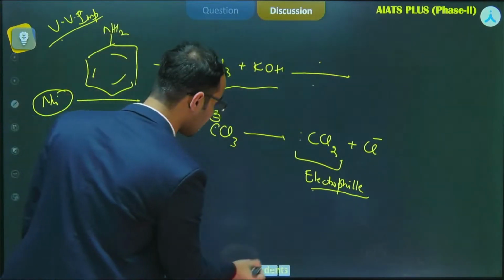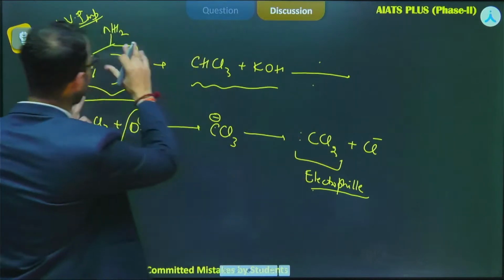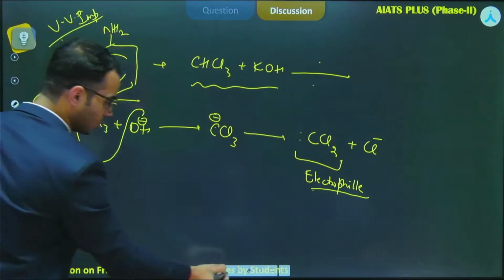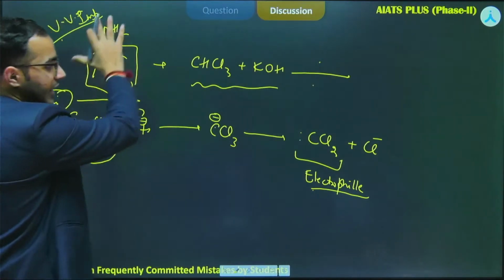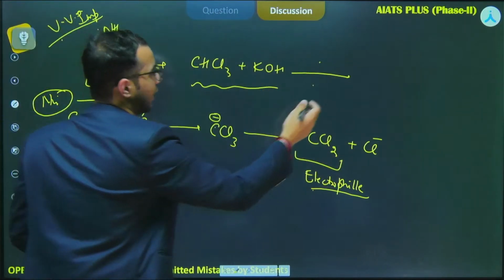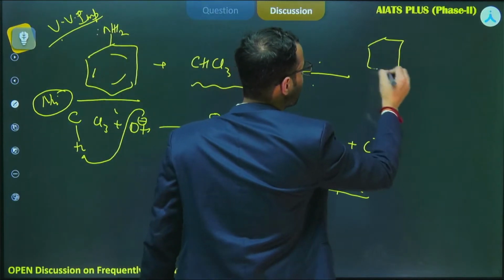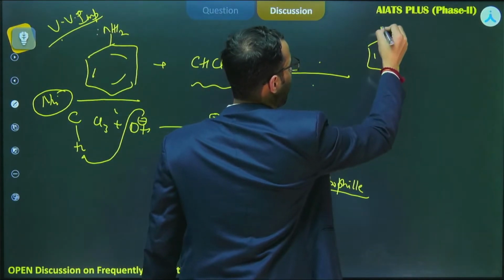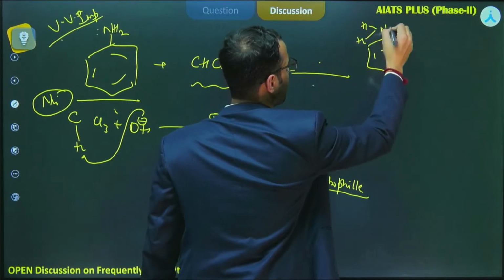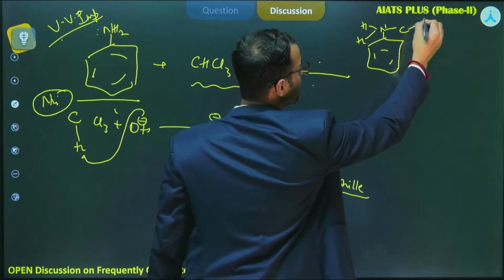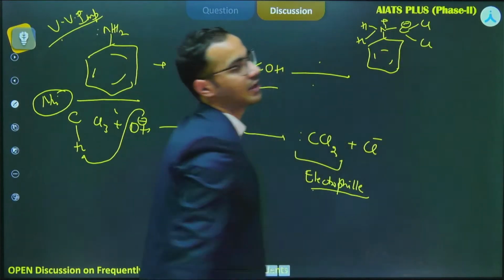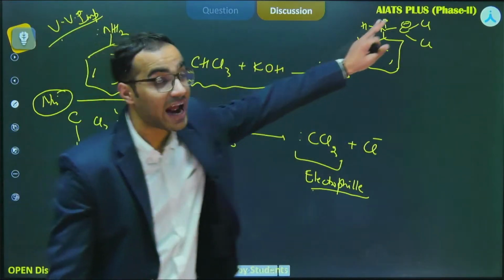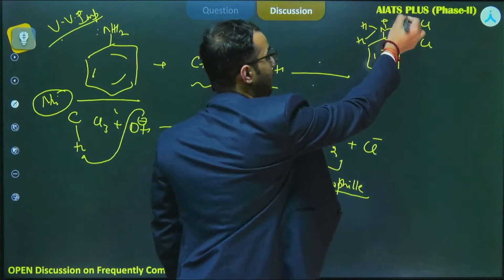Now the lone pair of this nitrogen will attack this electrophile. What will you get? You are getting N, H, H, C, Cl, Cl, with positive and negative charges. Is it? And that negative will abstract the proton.